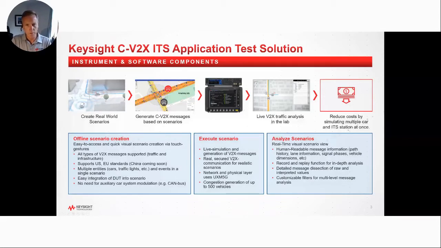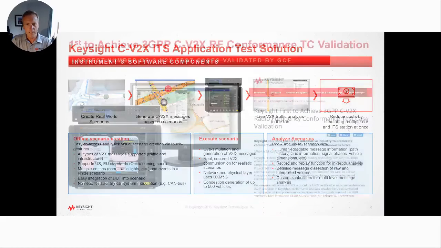We download this into our instrument. We set up the channel, PC5 or Uu. We essentially play out in real time the device under test. By doing so, we can save a lot of time, because trying to do this in the real world is very difficult to repeat, can be very expensive, and is subject to the vagaries of weather and so on.